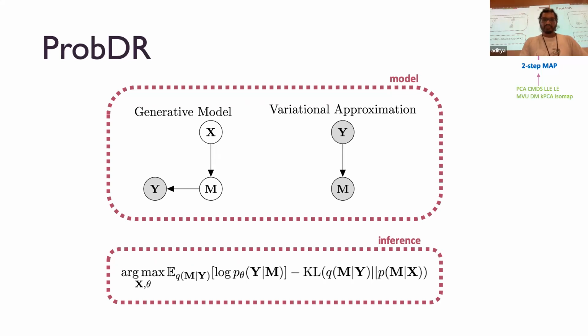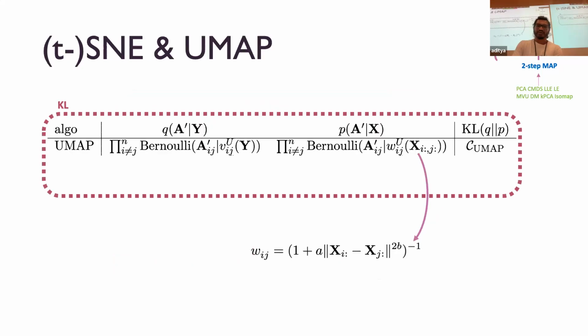Okay. So yeah. The last part of what you did. Let me just explain the case of UMAP, actually. In UMAP, what you might do is say this matrix M, this statistic, is an adjacency matrix. And the probability of an edge between two points is determined by Euclidean distances, either in the data space, if you're in the variational setting, or between the latents, if you're in the model setting.